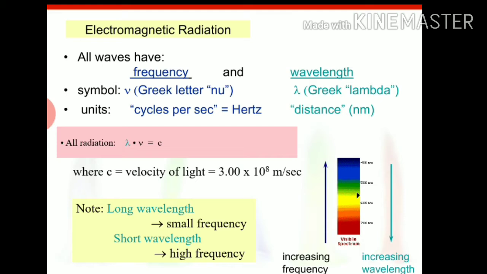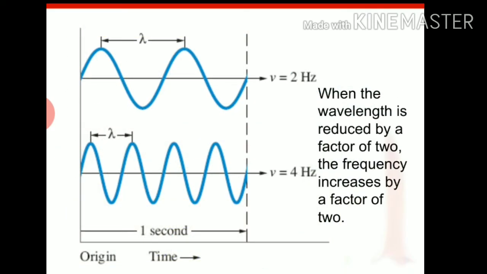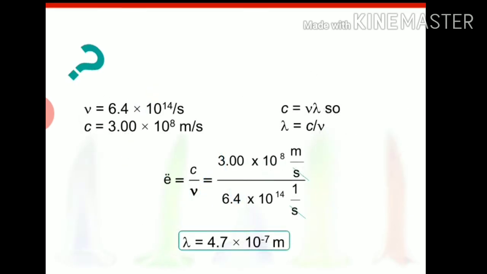From this relation, it is clear that frequency and wavelength are inversely proportional to each other. As frequency increases, wavelength decreases. Here, as the wavelength is reduced by a factor of 2, the frequency increases by a factor of 2. Let us see the numericals based on this relation.